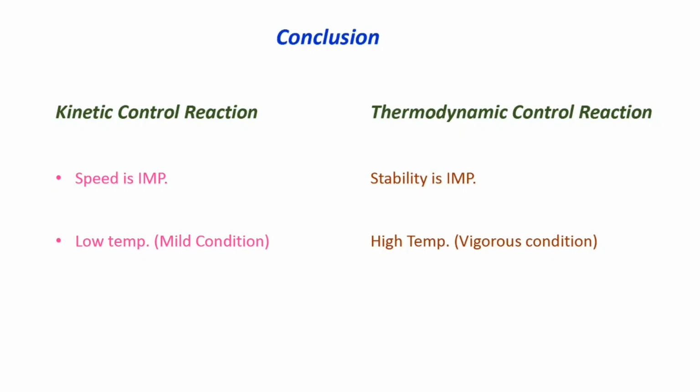Next, kinetic control reaction occurs at low temperature or mild conditions, while thermodynamic control reaction occurs at high temperature or vigorous conditions. Next, in kinetic control reaction, bulky or strong bases are used, and in thermodynamic control reaction, weak bases are used. So that's all about kinetic control reaction and thermodynamically controlled reaction.